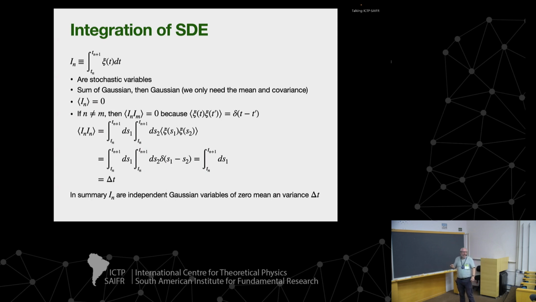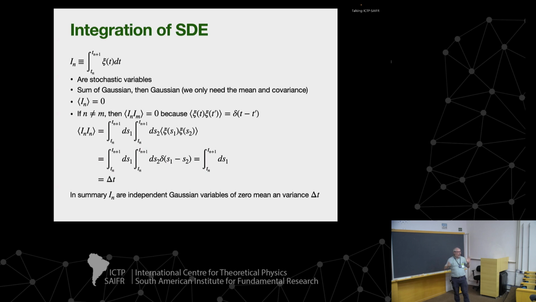You are summing several Gaussian variables. And there's a theorem that you learn in a probability course somewhere, that if you sum Gaussian variables, the outcome is another Gaussian variable. Because In is a Gaussian variable, we only need to compute the mean and the covariances.